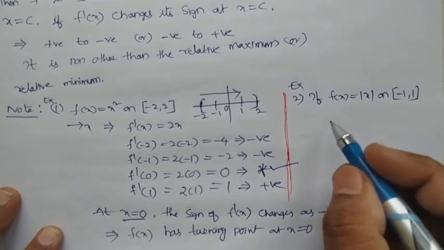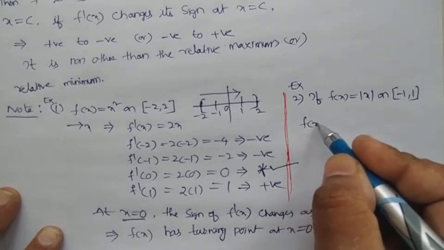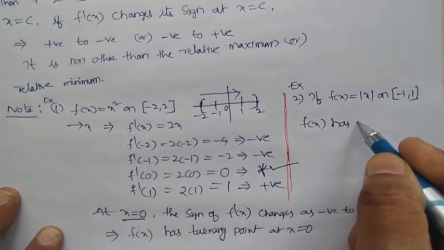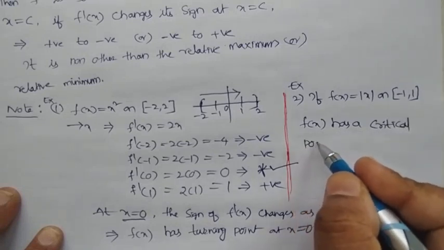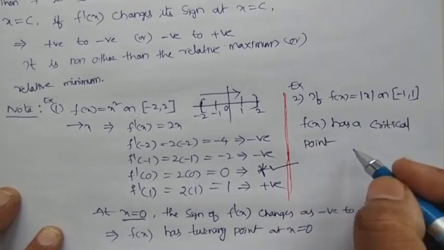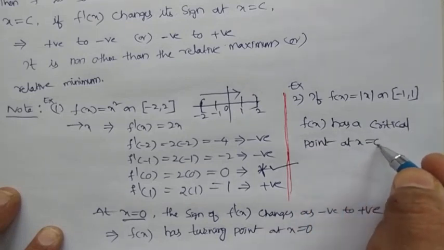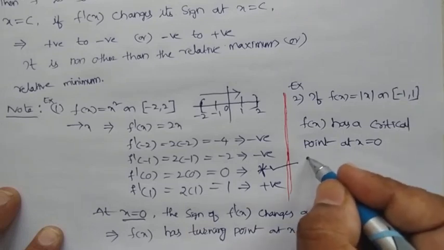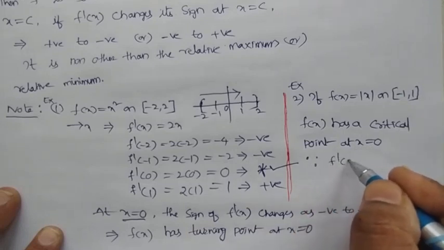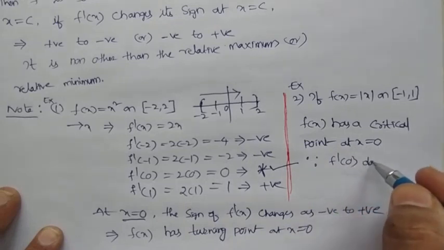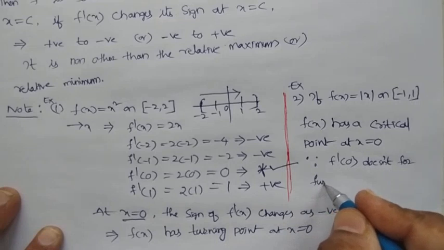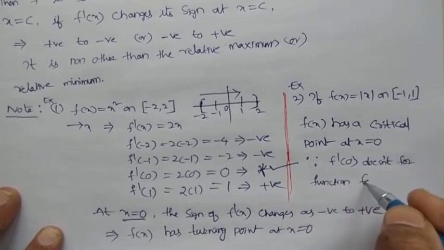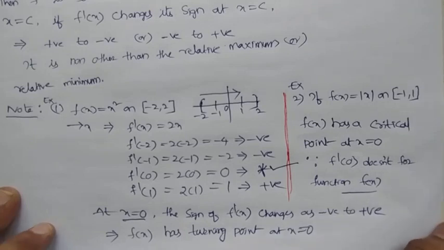Here in this case, what can we conclude? f of x has a critical point at x is equal to 0, since f dash of 0 does not exist for the function f of x. Okay, this is the note I want to give.